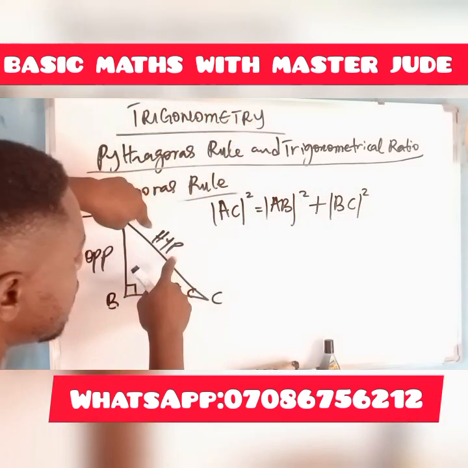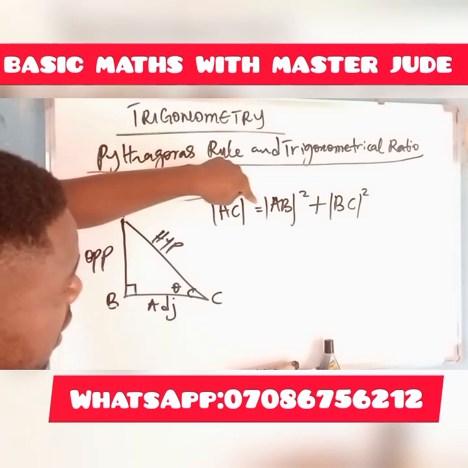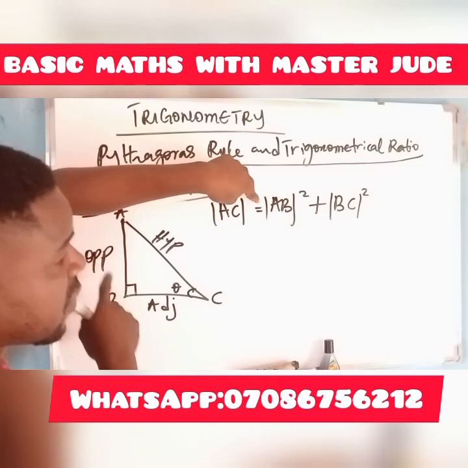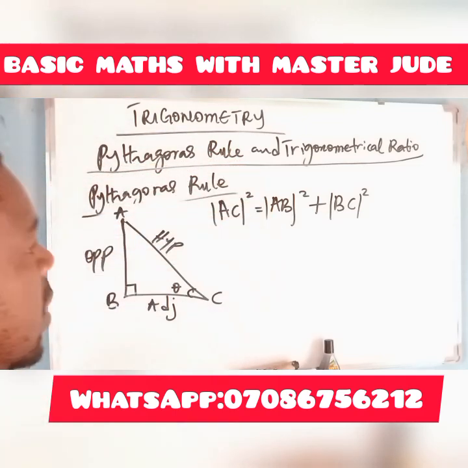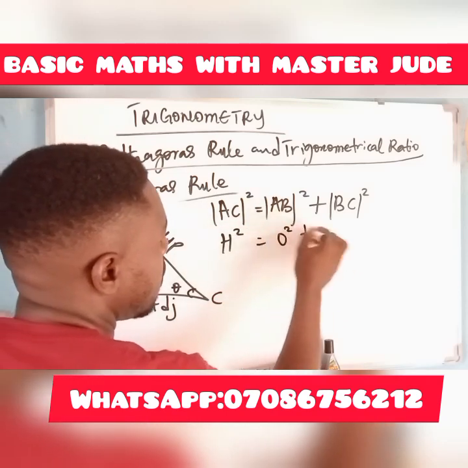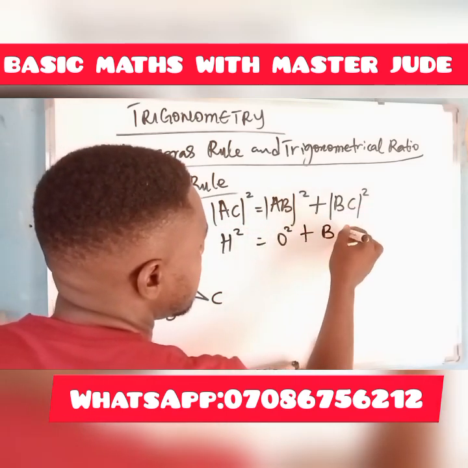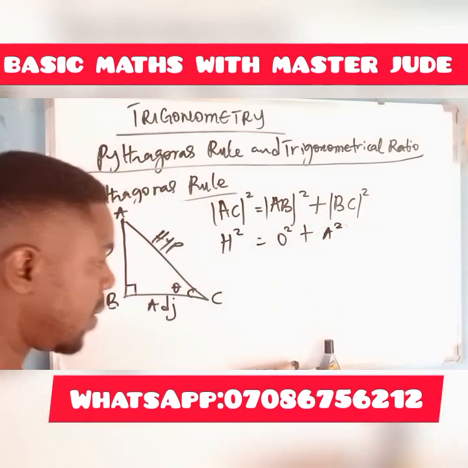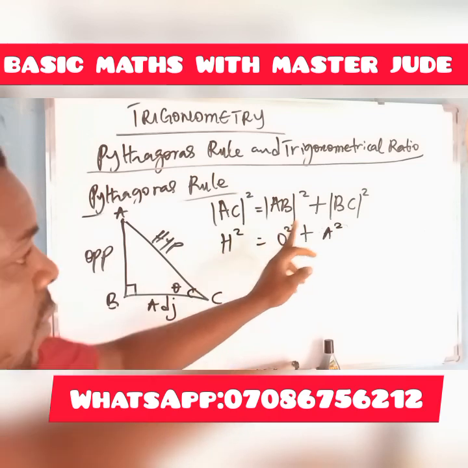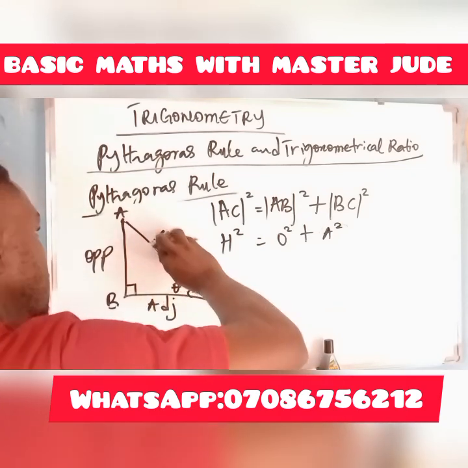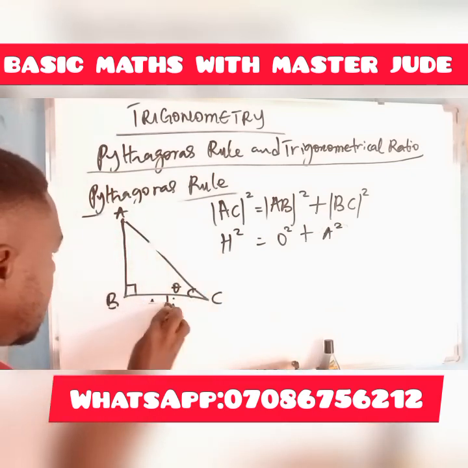That is, the square of the hypotenuse side is equal to the sum of the squares of the opposite and adjacent sides. This can be written as H square is equal to O square plus A square. This is hypotenuse square, opposite square, adjacent square. Now let's take a proper example to explain this.